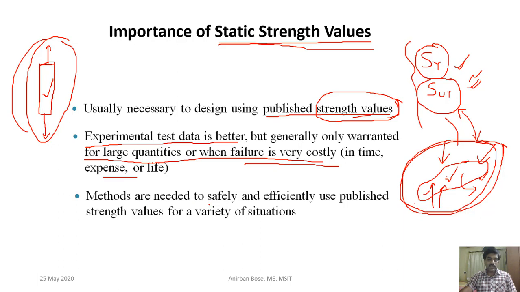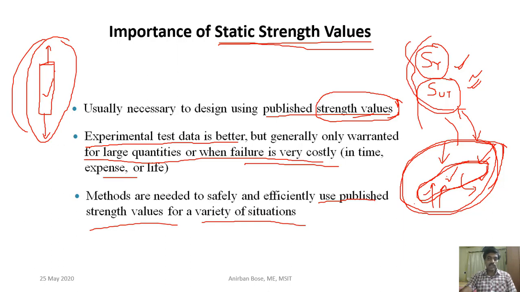So methods are needed to safely and efficiently use published strength values for a variety of situations. So we have understood there must be a technique by which it is possible to predict the failure of this complex-shaped material with a combined kind of loading using the simple tensile test strength values of the same material.